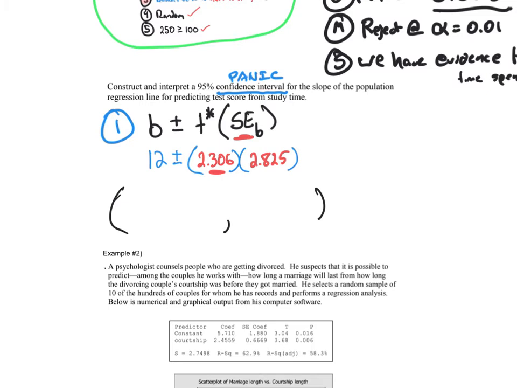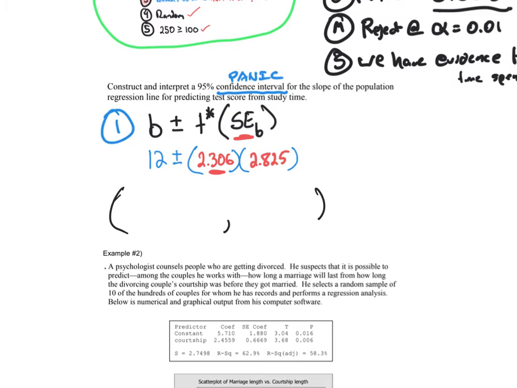There is a regression test for regression in your calculator, but it needs actual data in order to use it. Since most of the time we don't get actual data and only get computer printout, we have to use this. So I'm going to go 12 plus parentheses 2.306 parentheses 2.825.